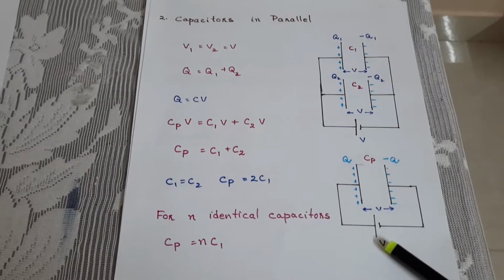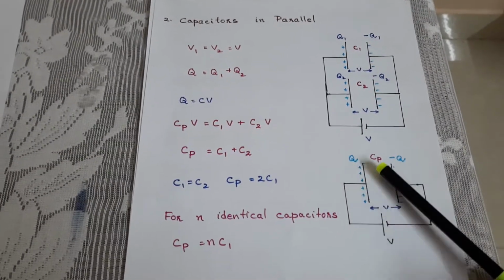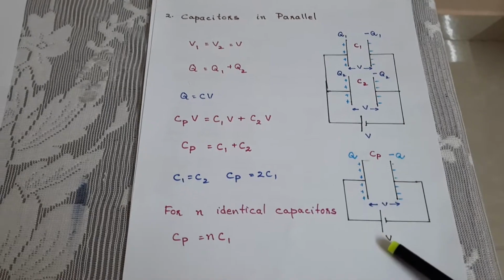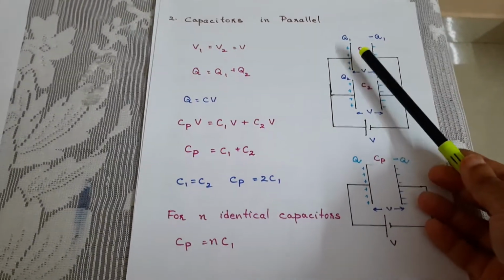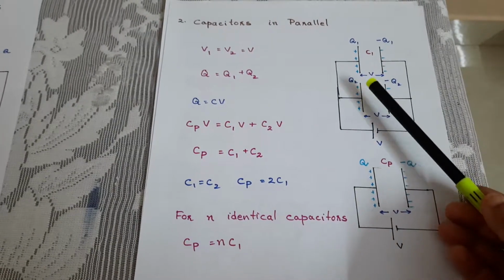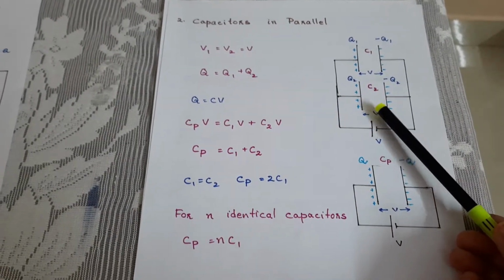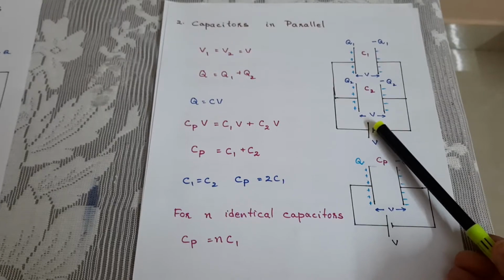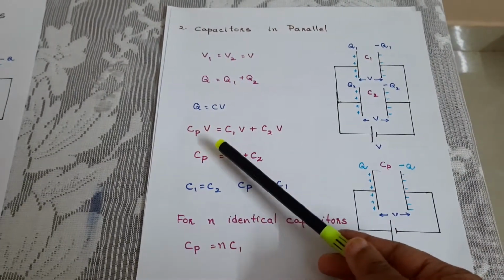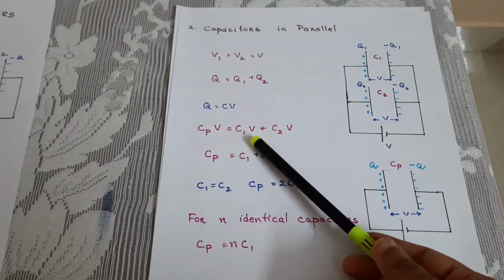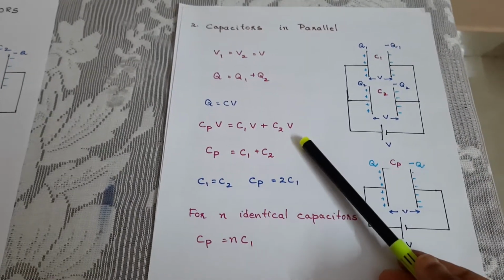We can write Q is equal to Cp into V, and Q1 is equal to C1V, and Q2 is equal to C2V. Let us substitute in this equation. CpV is equal to C1V plus C2V.